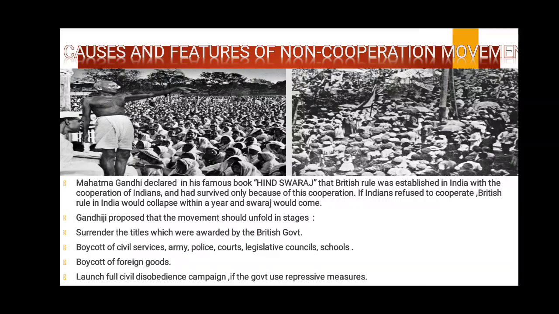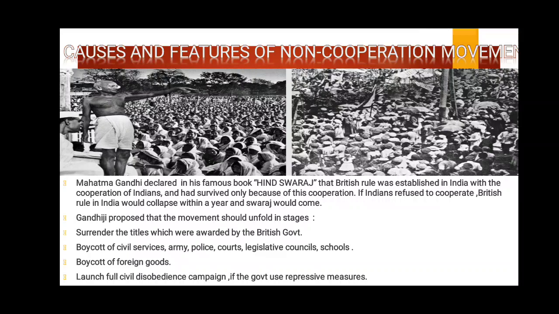He proposed that the movement should unfold in different stages. In the first stage, people who had been awarded titles by the British government should surrender them. Then boycott of civil services, army, police, courts, legislative councils, schools and colleges.